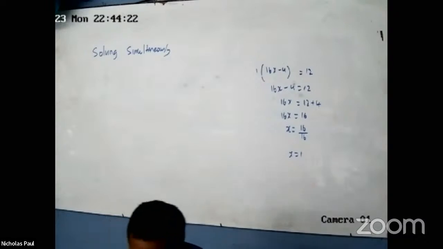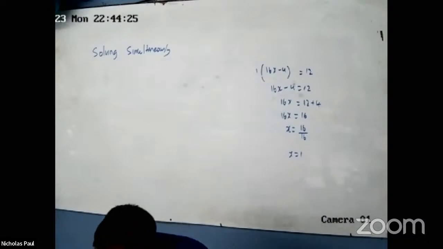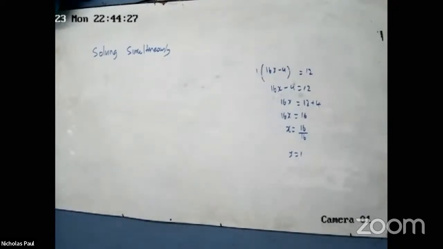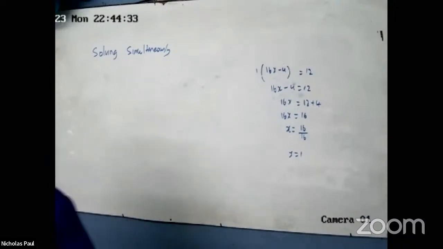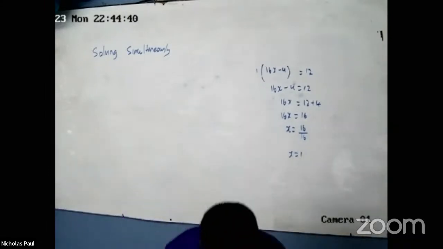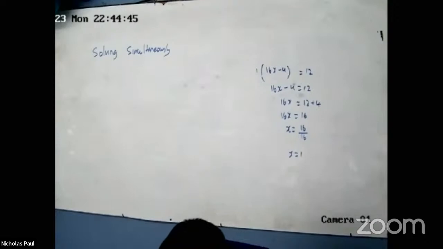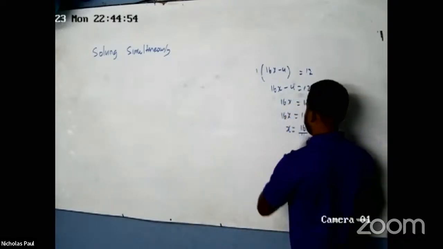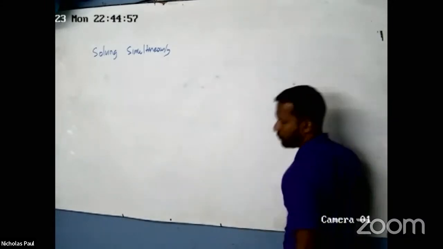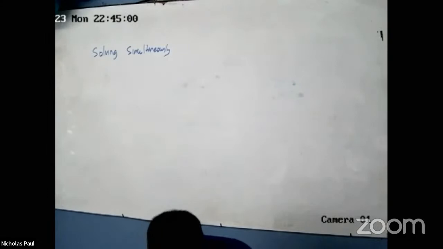When an equation has two variables, we need two equations in order to solve for these variables. Full stop.